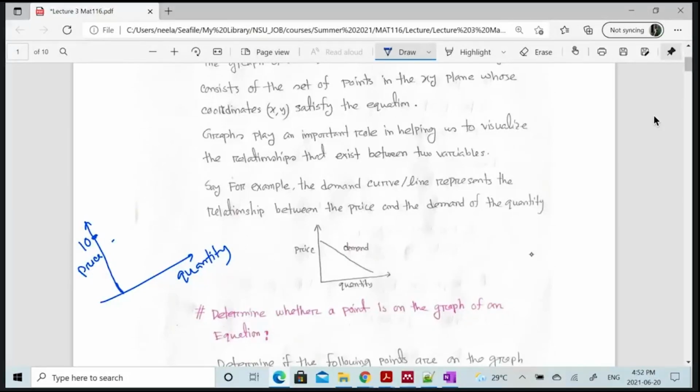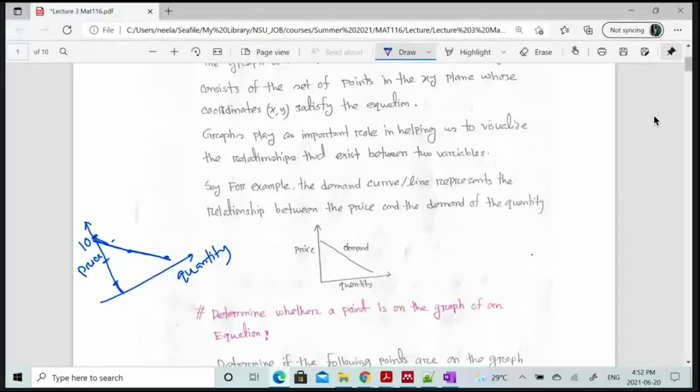Now say the price falls and comes to 8. Then the quantity demanded of the product will increase, so it will be here. Then it drops to, I don't know, 3. It will increase even more. Then if I just join it, that is called the demand curve.